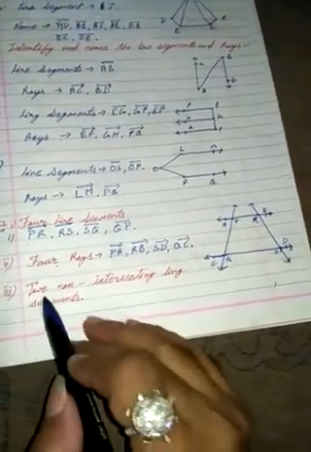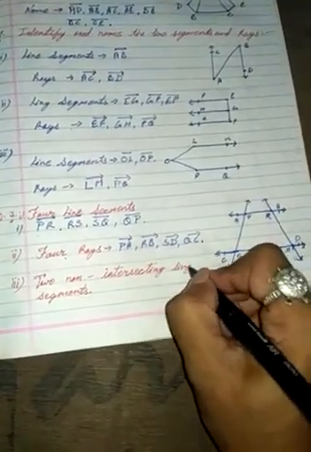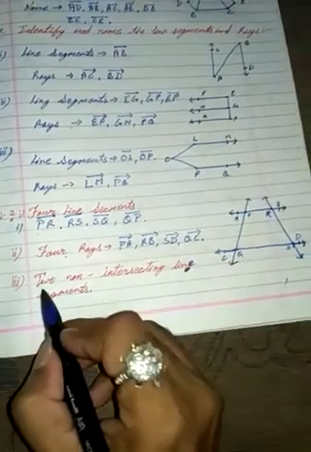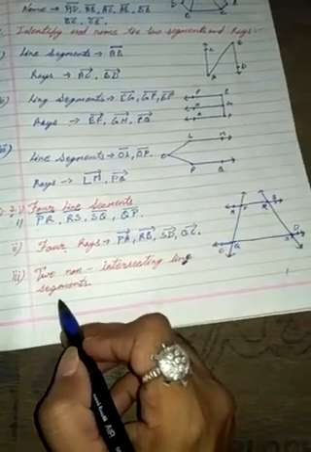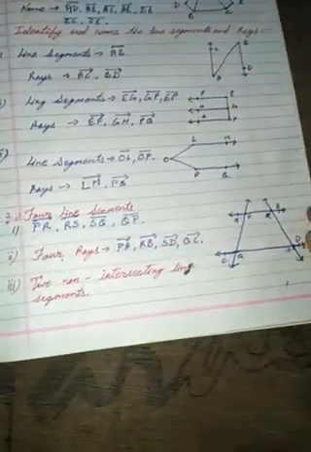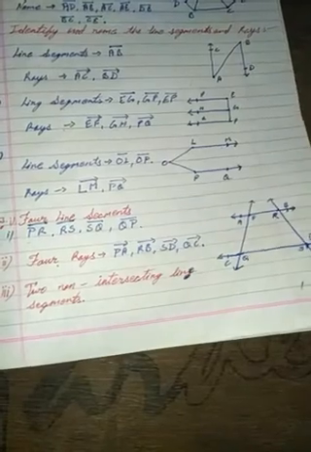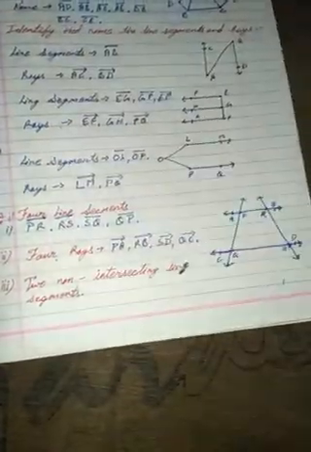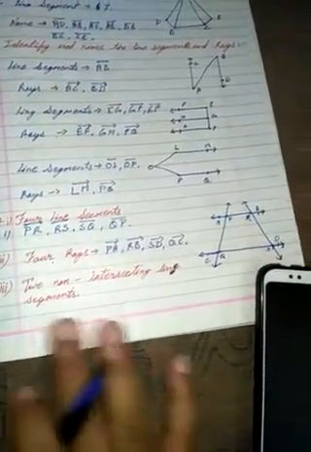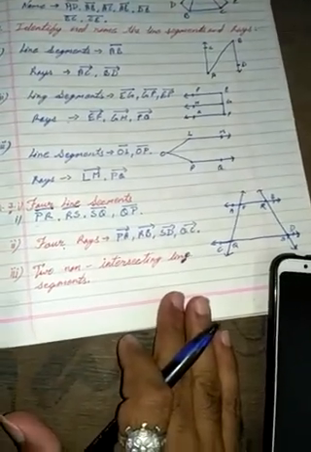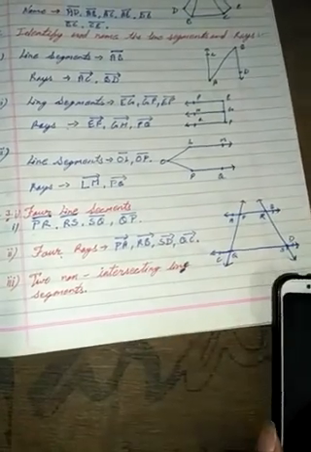Now next third, two non-intersecting line segments. Intersecting line segments intersect at a point; we have to write down two non-intersecting line segments, the line segments which are not intersecting, not joining.